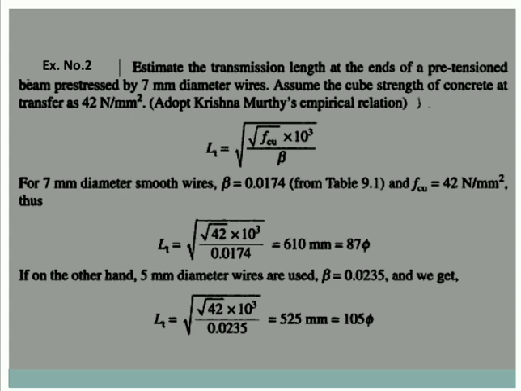If, on the other hand, 5 mm diameter bars are used, this is one more variation shown in the same problem. The beta value is 0.0235 in this case, and we get LT as 525 mm, which is 105 times the diameter, which is 5 mm in this case.